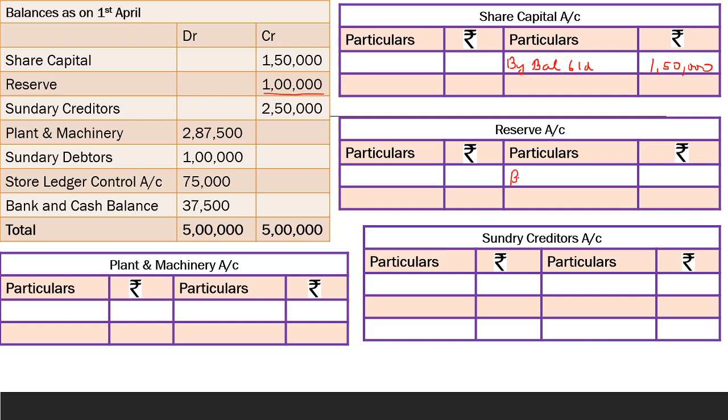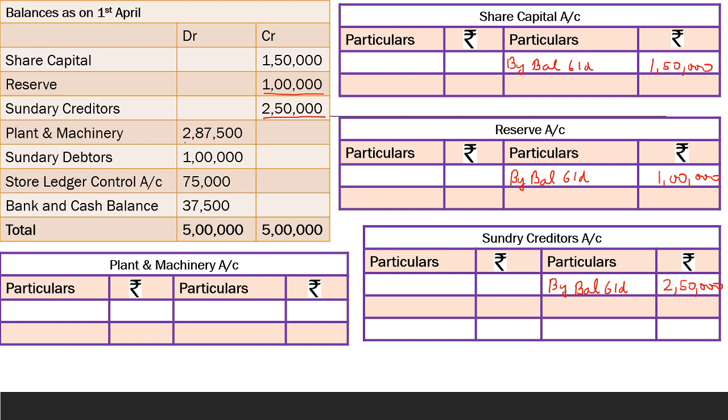So on credit side we write by balance brought down 1 lakh rupees. Next balance is sundry creditors 2,50,000. It is also credit balance. So on credit side we write by balance brought down 2,50,000. Now the balance is on debit side.